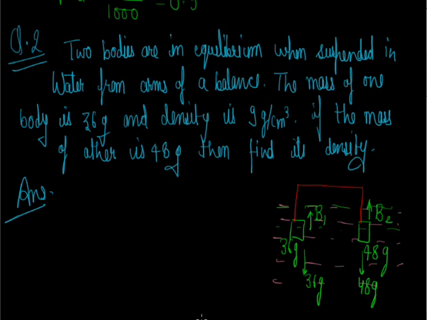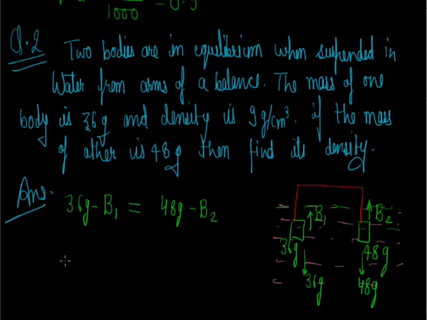Since they are in balanced condition, the net forces on the two bodies will be equal. So for the first body the net force is 36 g minus the buoyant force B1, and on the second body it is 48 g minus B2, and since they are balanced, these two forces will be equal.